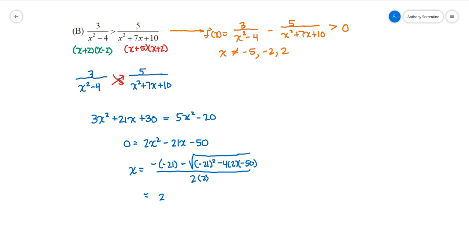So that's going to give me 21. That should be a plus or minus. The plus didn't show up for whatever reason. Plus or minus the square root of, need to work this out, 841 all over 4. 841 is a perfect square.